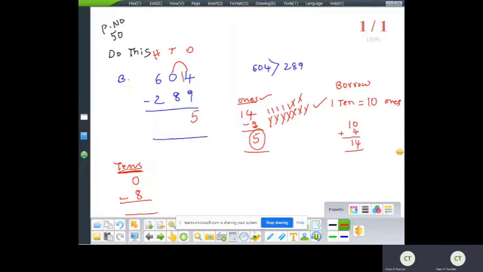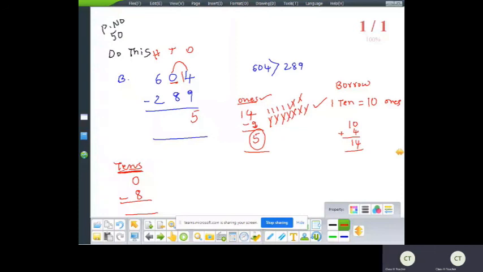In this time, we cannot take 8 from 0. Then we need to borrow. Here from 0, we already took 10. Now we need to borrow one more time from the next number.